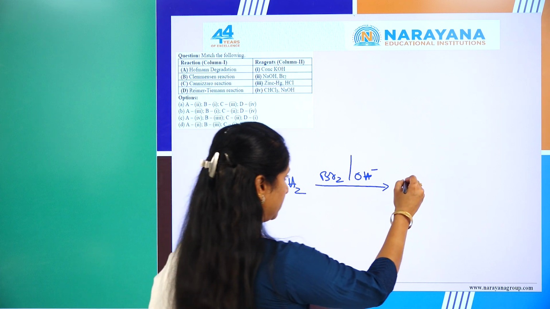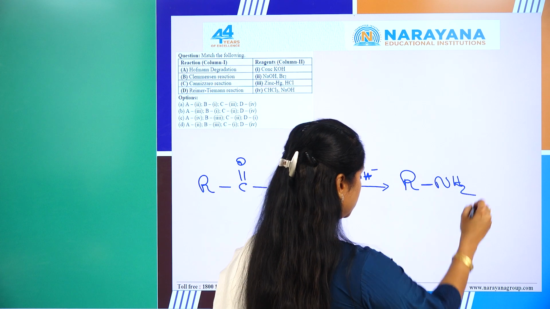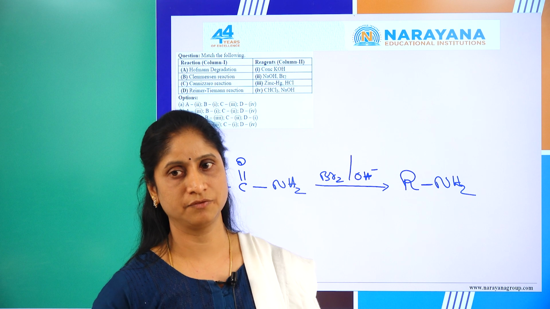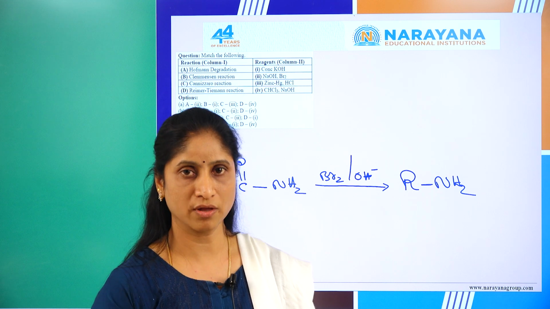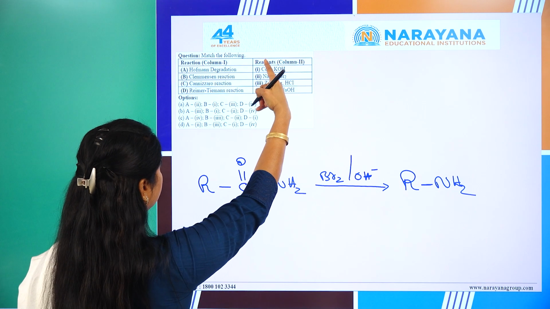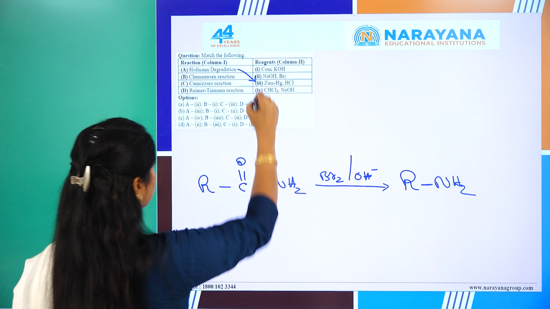It is a rearrangement reaction through alkyl isocyanate as an intermediate, which on hydrolysis gives a primary amine. So I can match Hofmann bromamide degradation with option 2.